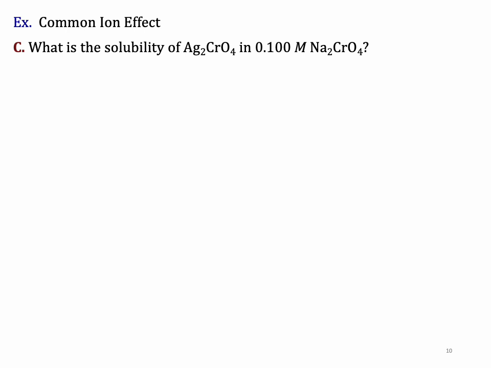The other question is this, part C, what is the solubility of Ag2CrO4 in 0.1 molar Na2CrO4? This time, what is the common ion? This gives me Na, 2 Na ions, and this gives me 1 CrO4 ion, which means if I have 0.1 of this, I have 2 times of that.